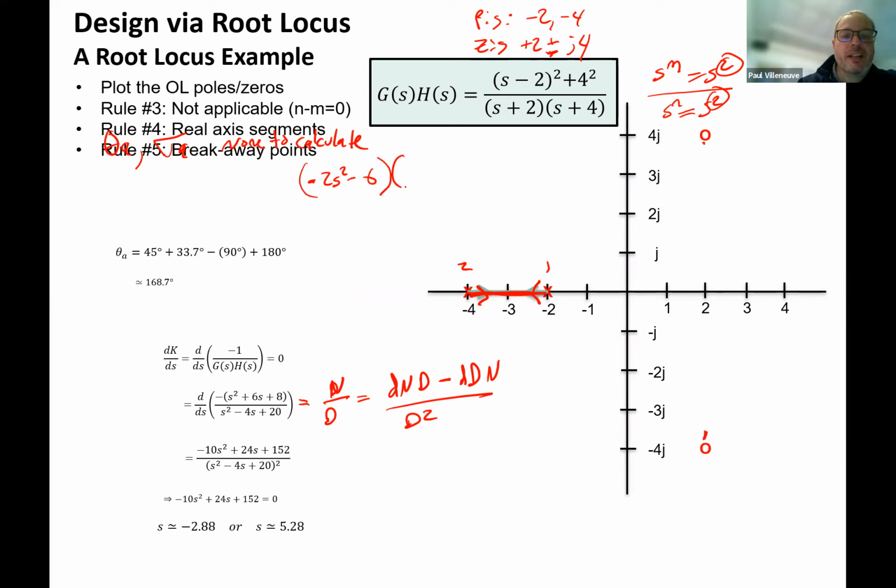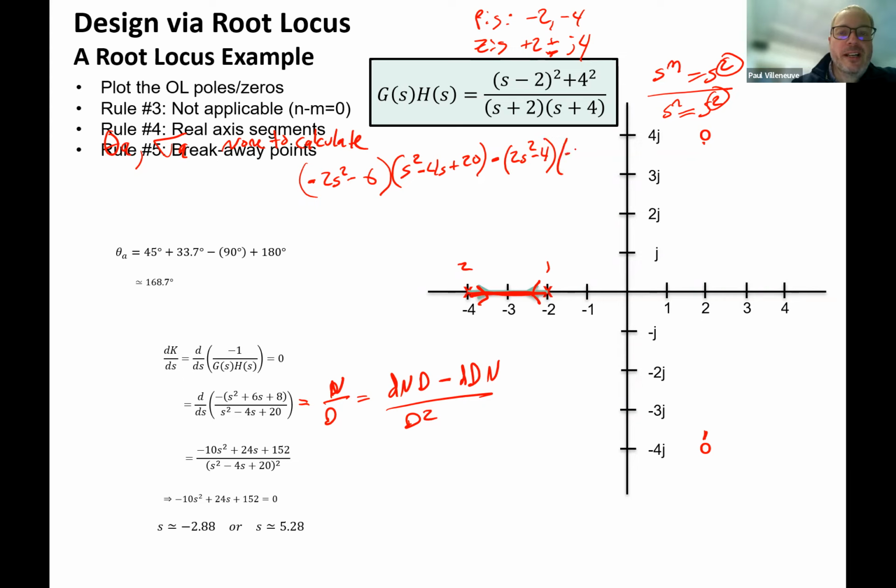That whole thing multiplies the denominator, s squared minus 4s plus 20. Now I've got to take the derivative of the denominator, so the derivative of the denominator is 2s minus 4 times the numerator, and I've got to subtract that.